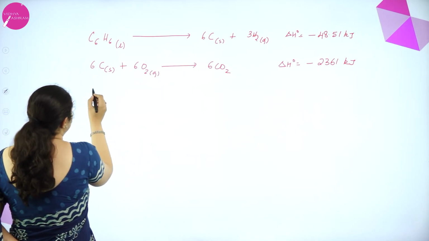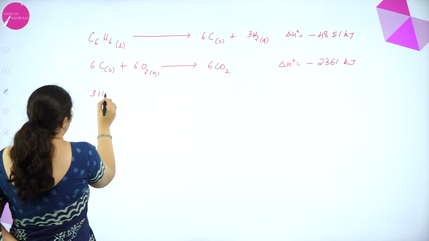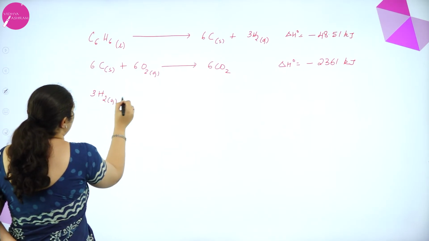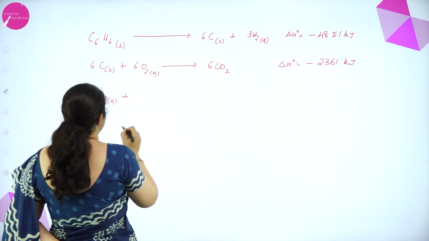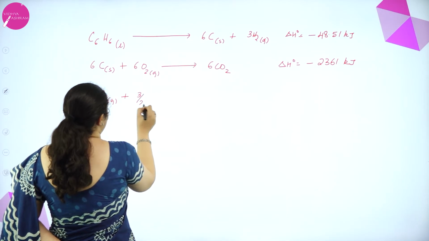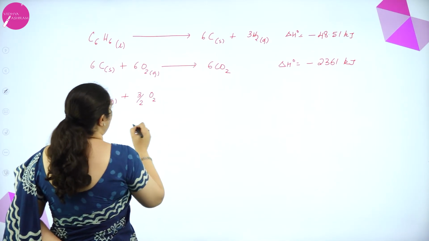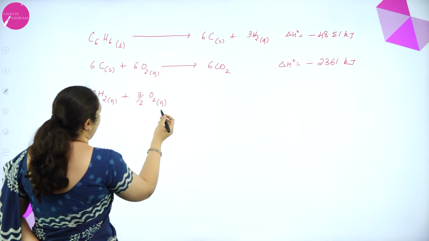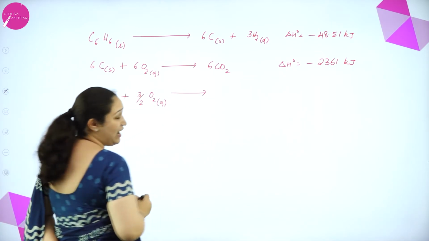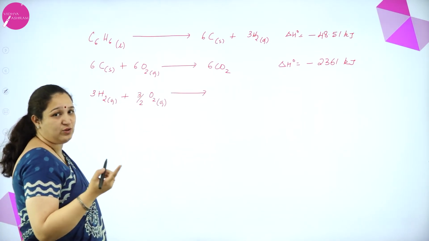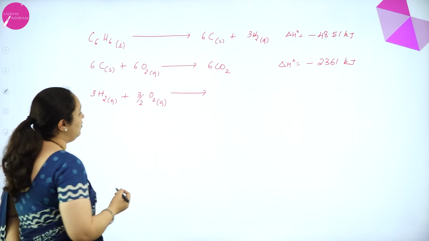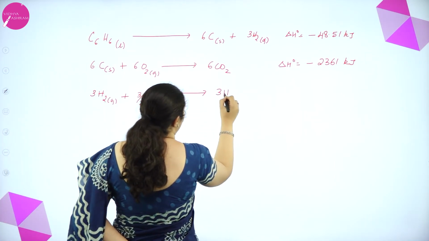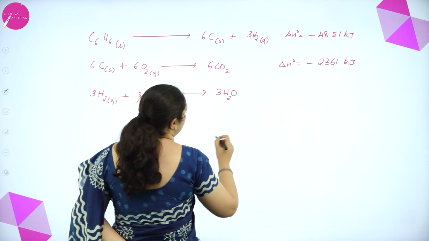So it will be 3H2 plus 3 by 2 O2, because half O2 was there, half into 3 becomes 3 by 2, giving 3H2O.